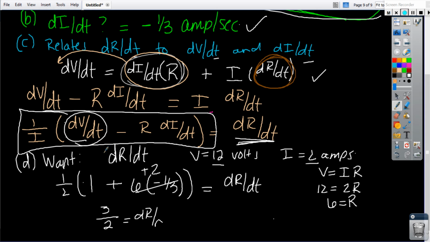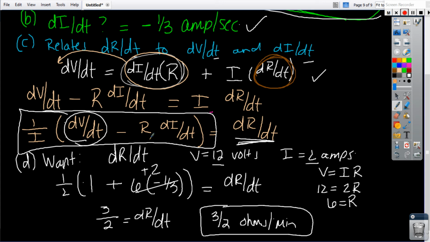Now remember, my units are very important, yes? So this would actually be 3 over 2, and what was R? R was ohms, ohms per minute. And so then it asked me, is R increasing or decreasing? And I'm sorry, I think this was seconds, wasn't it? Minutes, seconds.